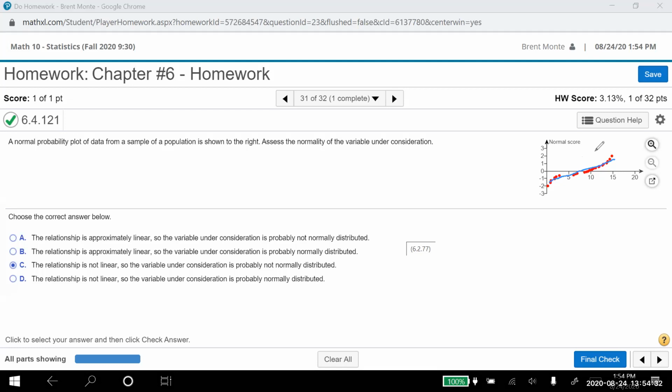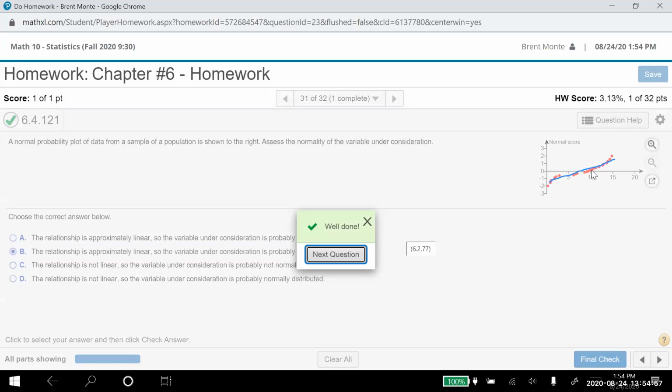This one's really close enough to linear that we can say it's normally distributed. And so we will say the relationship's approximately linear, so the variable's probably normally distributed. And so that one, they say that's linear enough.